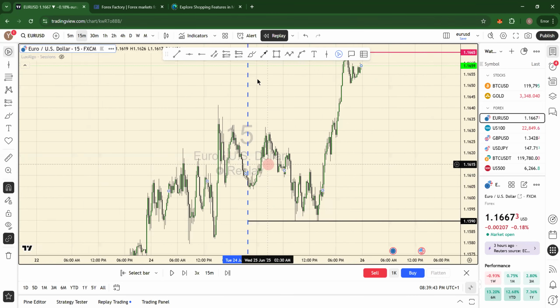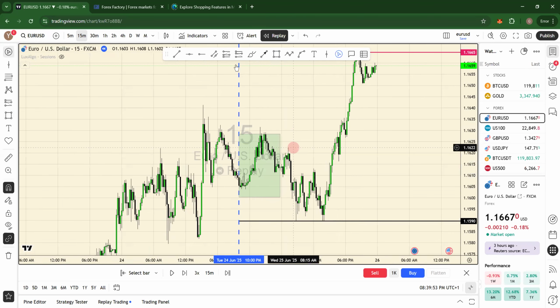And then when it opened, it entered the Asian session, which is from what time to what time? From 10 p.m. to 6 a.m. Now, from 6 a.m., what happened? The London session opens at what time? It goes from 8 a.m. and extends right into 4 p.m. So there is an overlap.